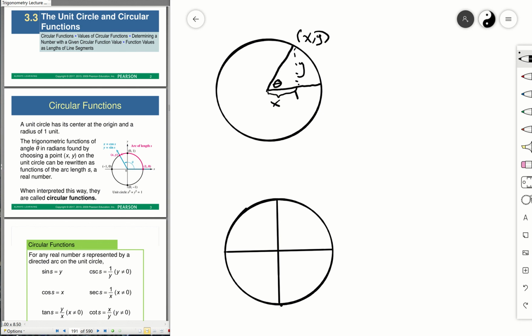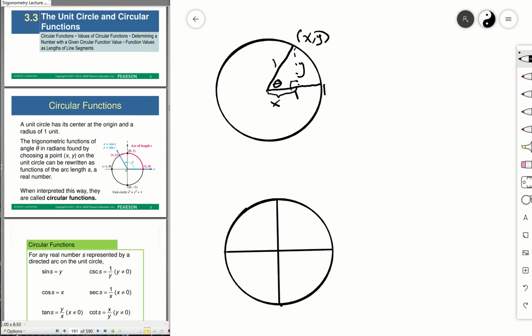Now, let's take a look at the unit circle again, and we can quickly establish a fact that we already established beforehand, but the unit circle makes it particularly easy to establish that fact. And that is that if you notice and look at this right triangle, the right angle is right there, one leg is x, the other leg is y, and the hypotenuse again is a radius of the unit circle, so it has length 1.